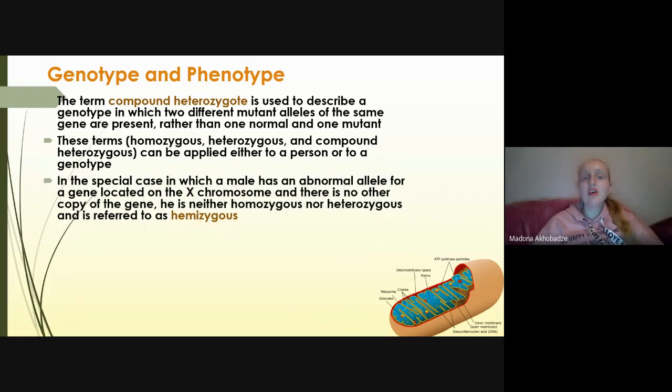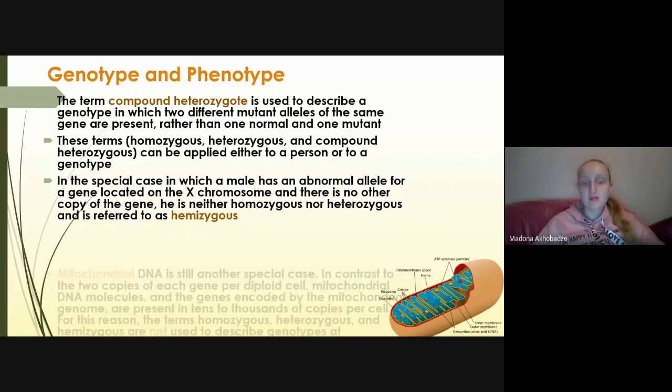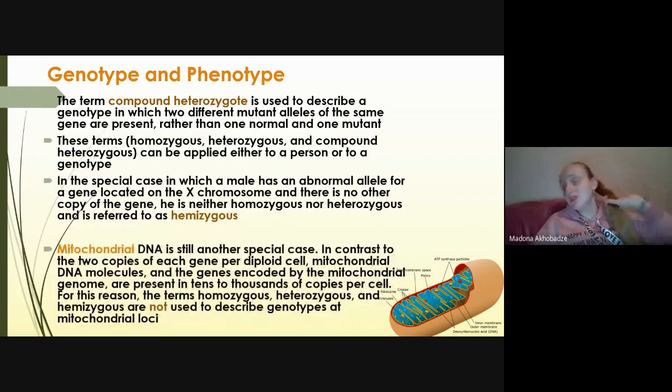So we refer to a hemizygous male in the case of an X chromosome disorder. And what about the mitochondrial genome? As I said, it's neither autosomal, dominant, recessive, nor X-linked. It's an entirely different branch, and it has its own rules, which we are going to see further.